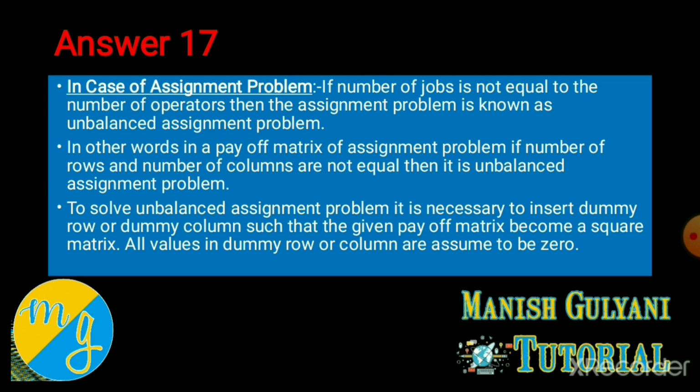Now the question arises in your mind, how can we convert maximization to minimization? So the procedure is identify the highest element in whole matrix, then subtract all elements from the highest element, and itself also. So by this way you can convert your maximization case into minimization case.